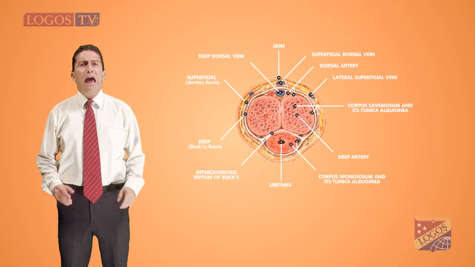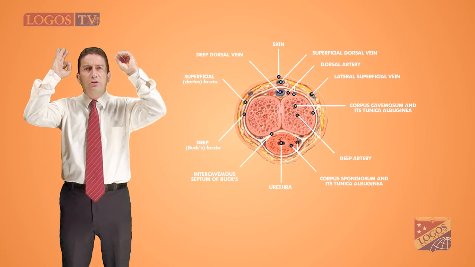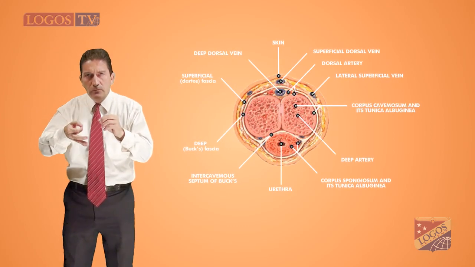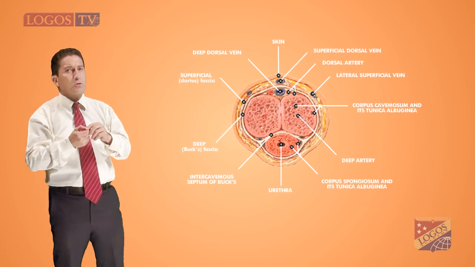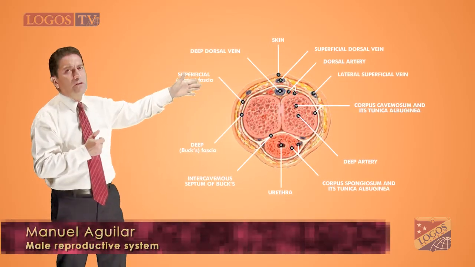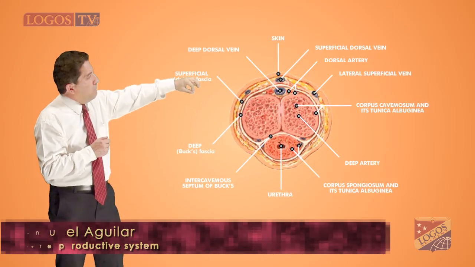The two bodies lying on top are called the corpora cavernosa, and the single one lying on the bottom is called the corpus spongiosum. You can see here in the picture the three different parts. The urethra runs through the middle of it.